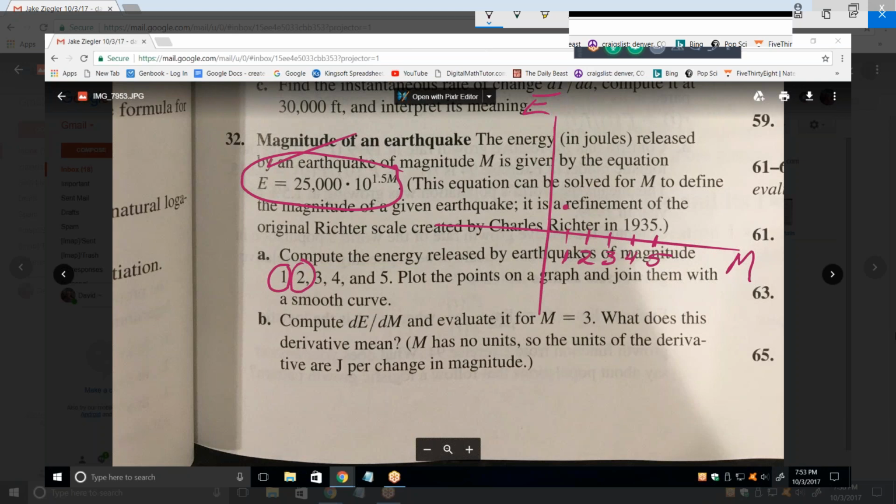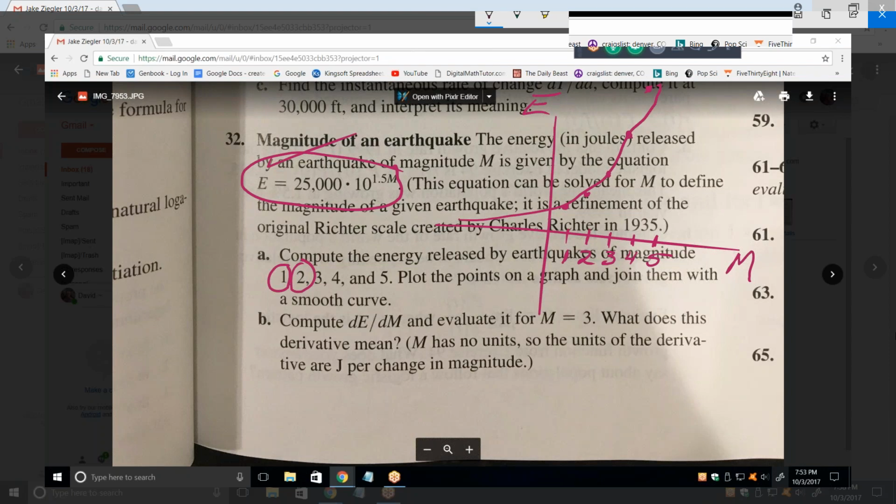Let's call it that point right there. When I have a magnitude 2, it's times 10 to the third. So I'm increasing exponentially. So my curve has to look like an exponential curve. The greater the magnitude, the more energy that's released, and I end up with an exponential graph.